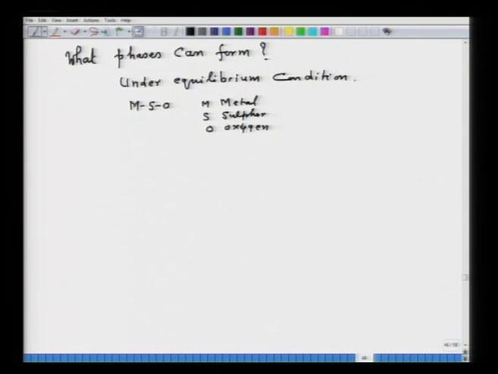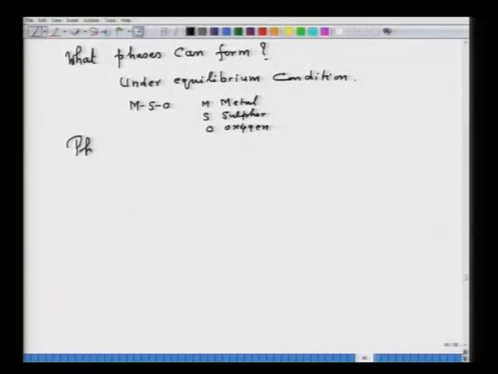Then prediction of phases can be made by doing certain thermodynamic calculations for formation of different products. That means, what parameters should be controlled so that a particular phase is formed, and this information can be obtained from the phase rule.